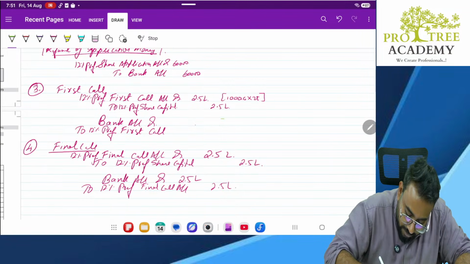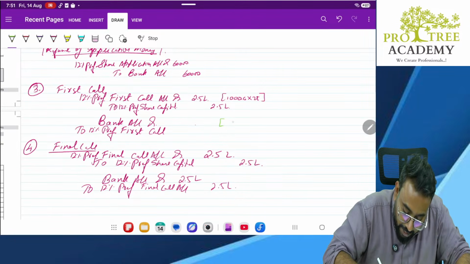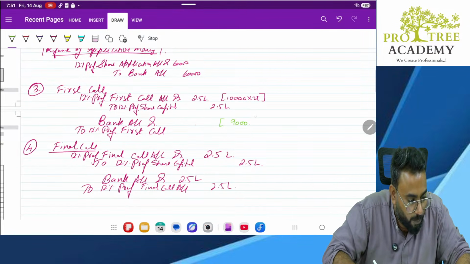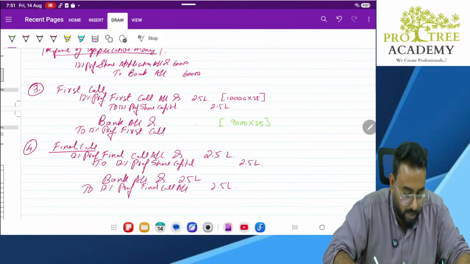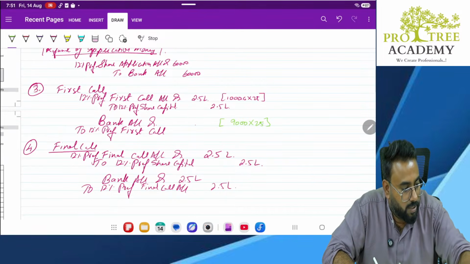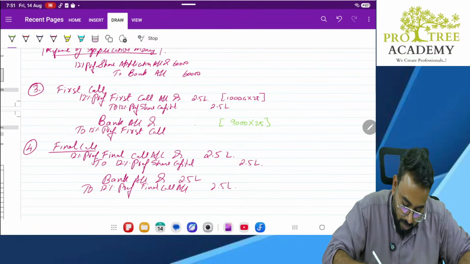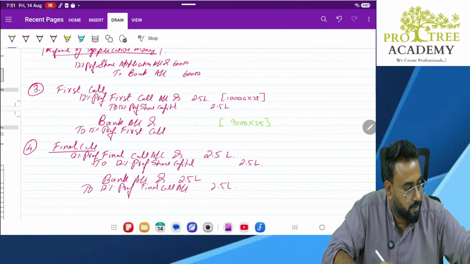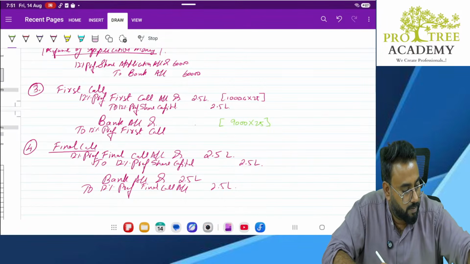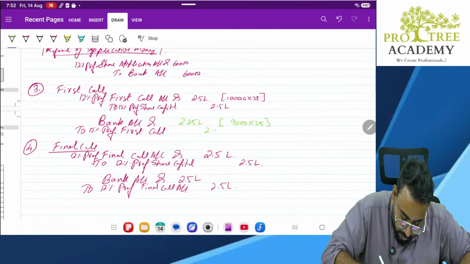Why will this change? How much money was received on your first call? You received only from 9,000 shareholders. 9,000 into 25 will be 2.25 lakhs.